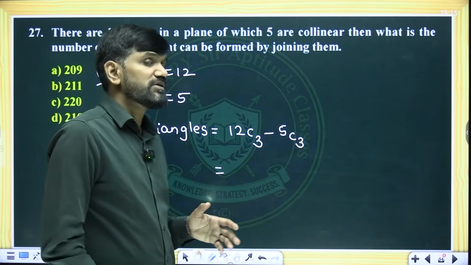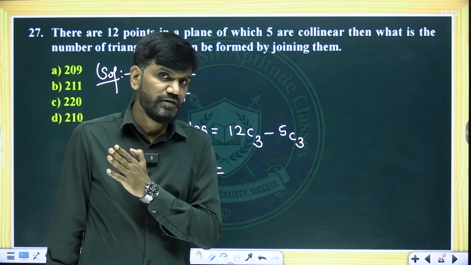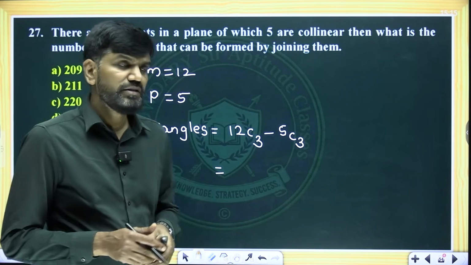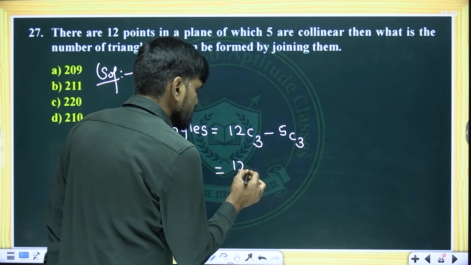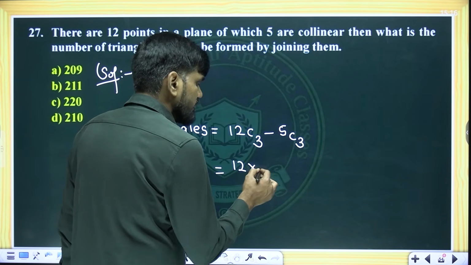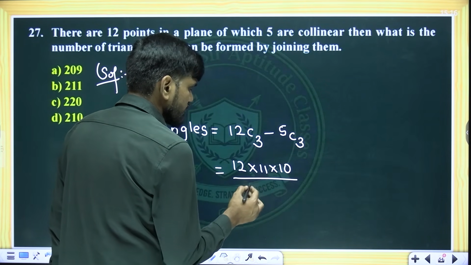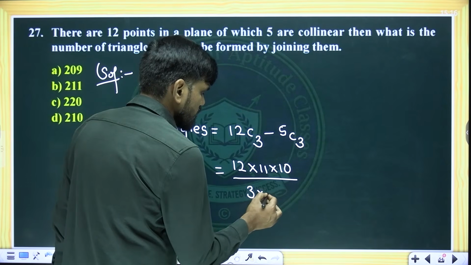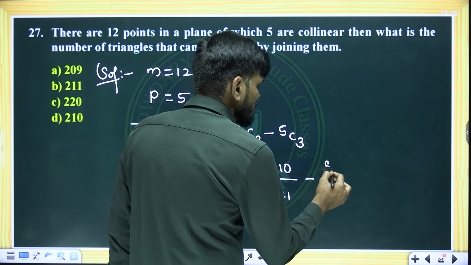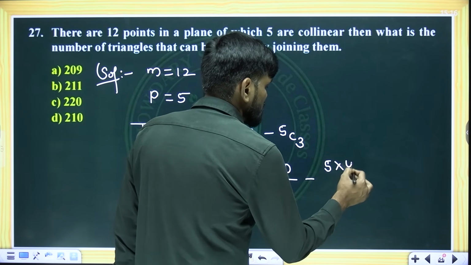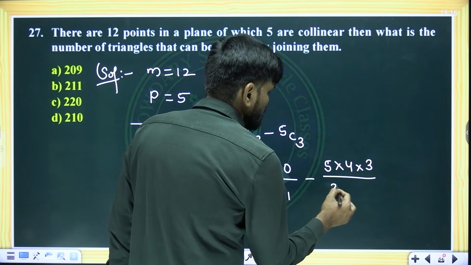MC3 is nothing but 12C3. 12C3 is nothing but 12 into 11 into 10 by 3 into 2 into 1. Let me write it in detail. 12 into 11 into 10 by 3 into 2 into 1 minus 5C3, which is nothing but 5C2. So 5C3 is nothing but start with 5, write 3 numbers by 3 into 2 into 1.